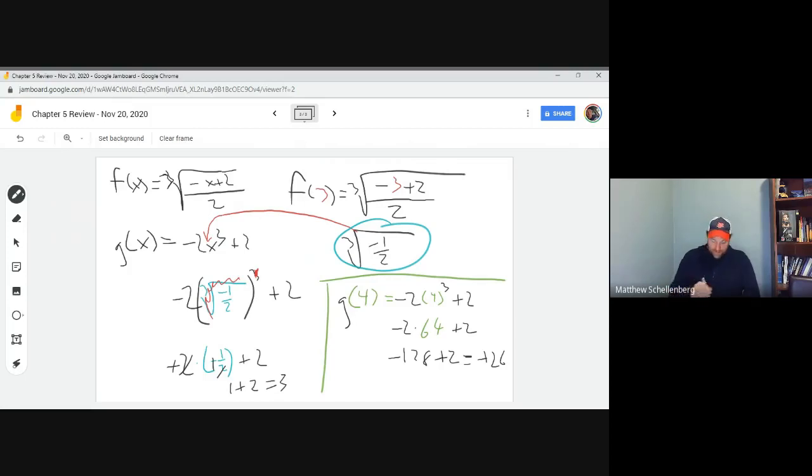And so let's plug it into the f function. And so we have the cube root of -x, which in this case would make it positive 126, plus 2 over 2. I should really keep this red.